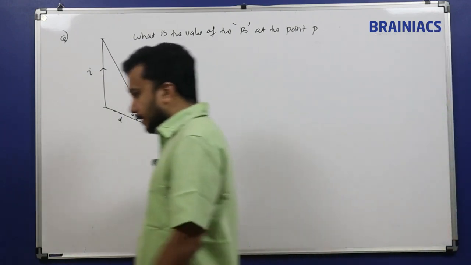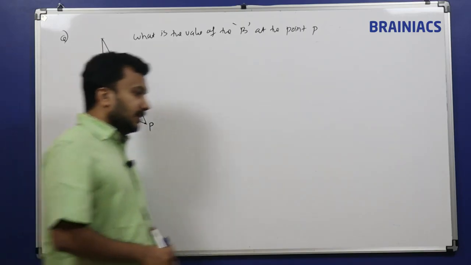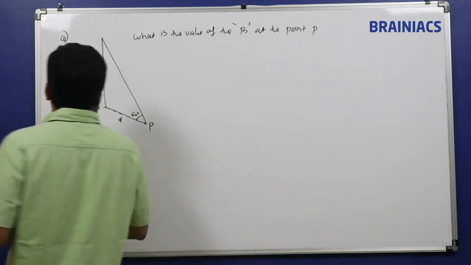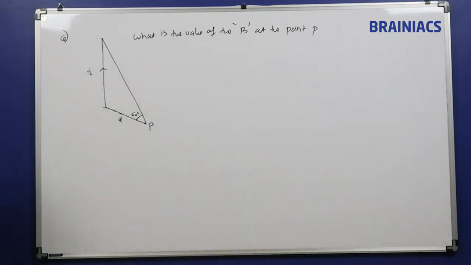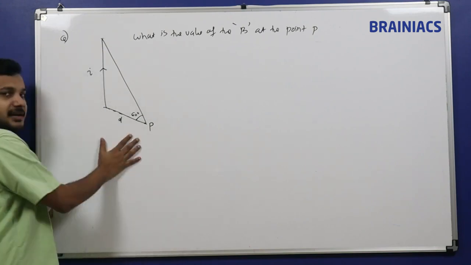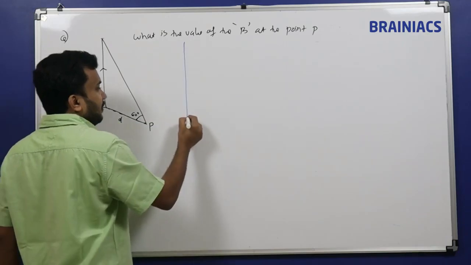What we can do in these cases? We need to redraw the diagram. This is the question diagram, do not repeat it here. So let me draw the same diagram once again.